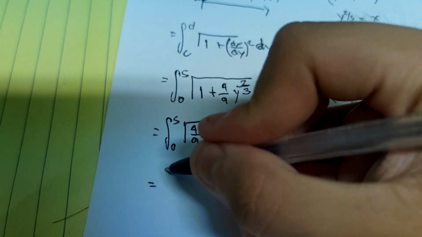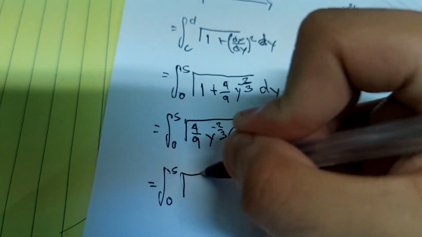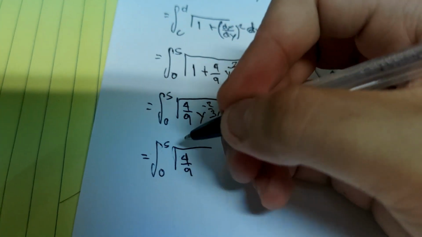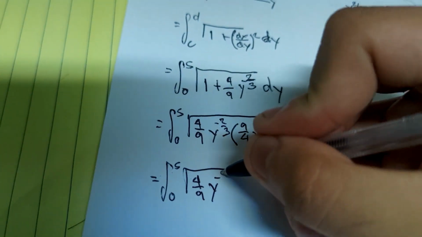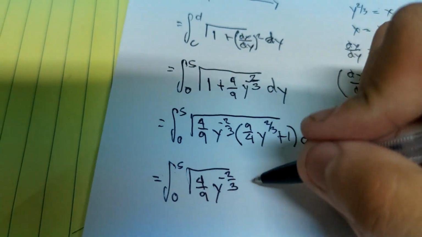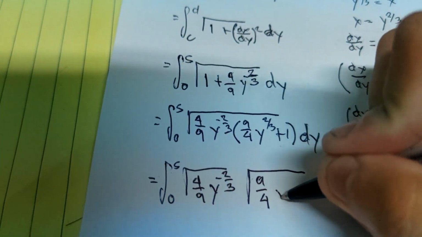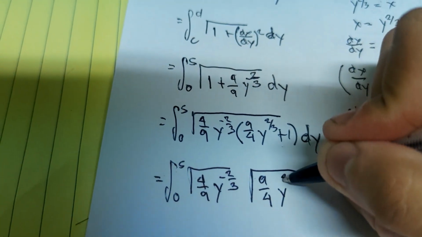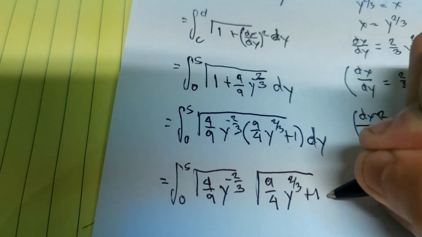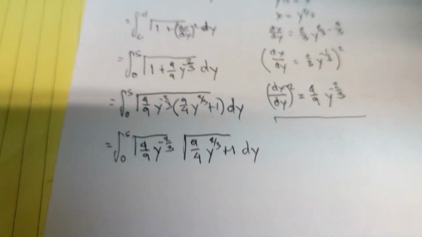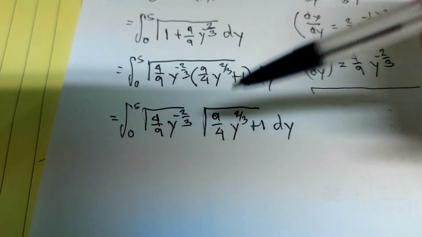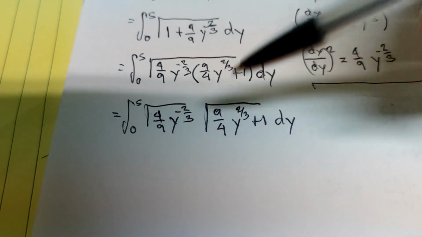This will be integral of 0 to 5, square root of 4/9 y raised to negative 2/3, and then square root of 9/4 y raised to 2/3 plus 1 dy. By separating them, we can get the square root of this one and this one.